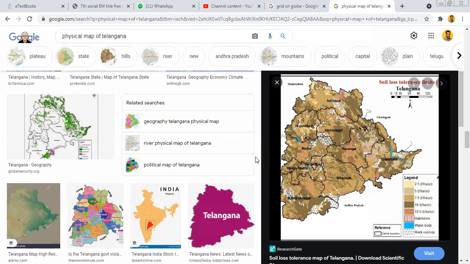Which height do we have to take as the base here in the sea? We can observe both the tides, high tides and low tides. To avoid that, we calculate the mean sea level, meaning the average sea level. To calculate the average sea level, we should consider the low tides and the high tides in a day.